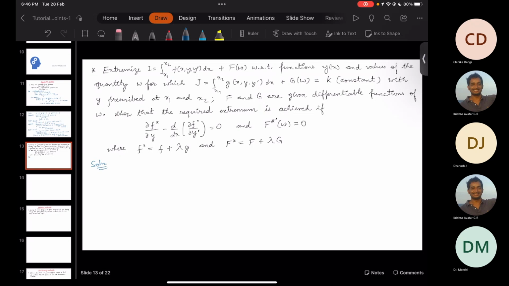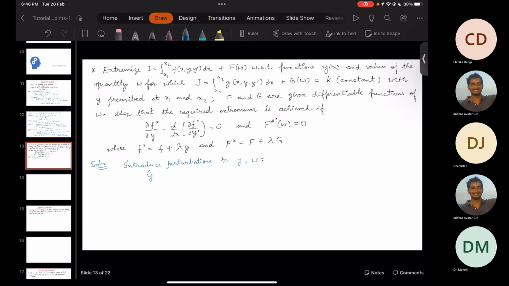So in problems like this, we'll first introduce perturbations to y and w. Let's start with y.